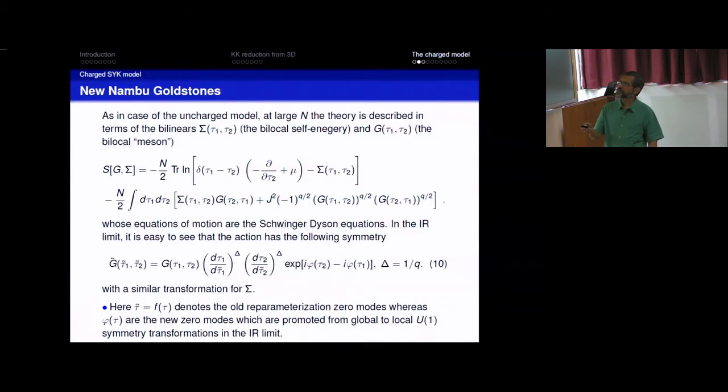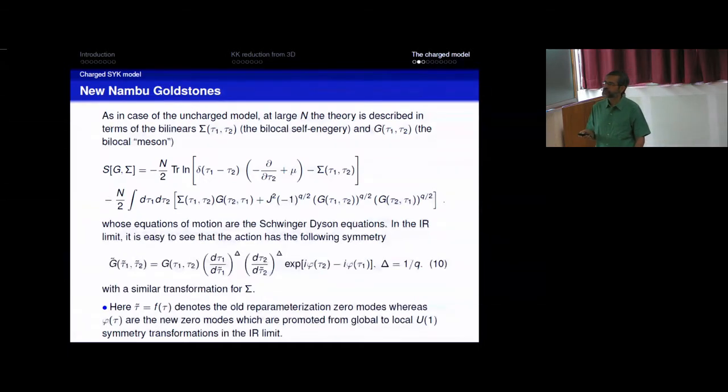Let me not go into the details of this, but let me just tell you that the symmetries that you figure out by looking at this term are really the symmetries of this action in the IR limit.